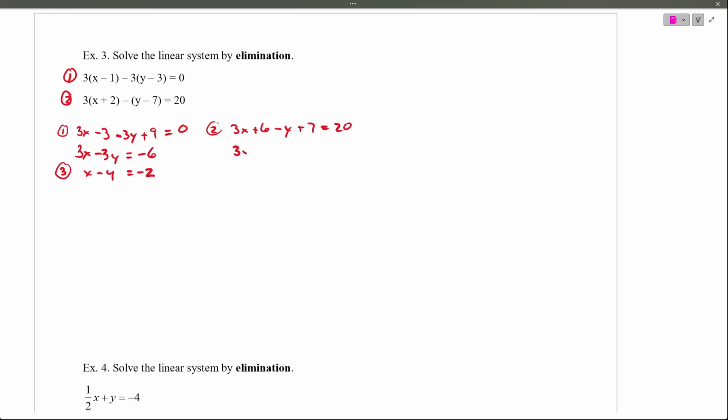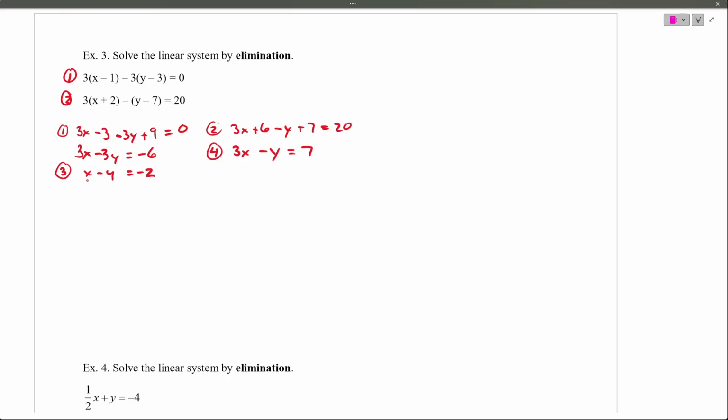We end up with 3x minus y. And 6 plus 7, that's 13. 20 minus 13 is going to give us 7. And we can't really reduce this one any further than it actually is, so we're just going to leave it where it is. So this is going to be equation number 4.